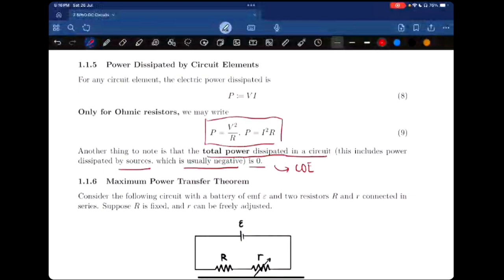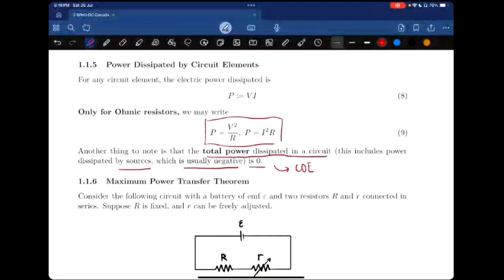The more important one is probably Kirchhoff's laws because these are the fundamentals. There are two main laws here: KCL and KVL. The first one, KCL, is more fundamental. Basically, if you add up all the currents entering or leaving a node, you should get 0, accounting for your sign conventions of the current.